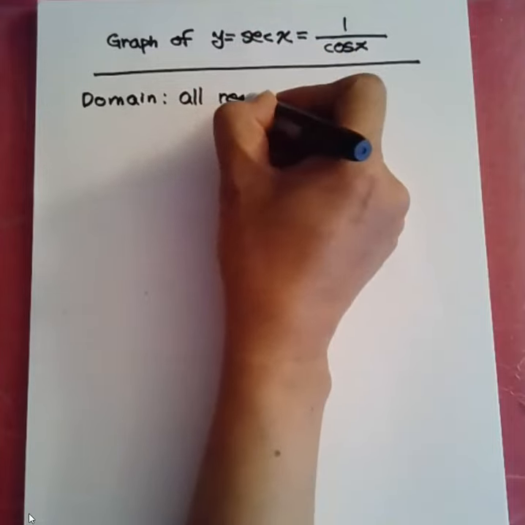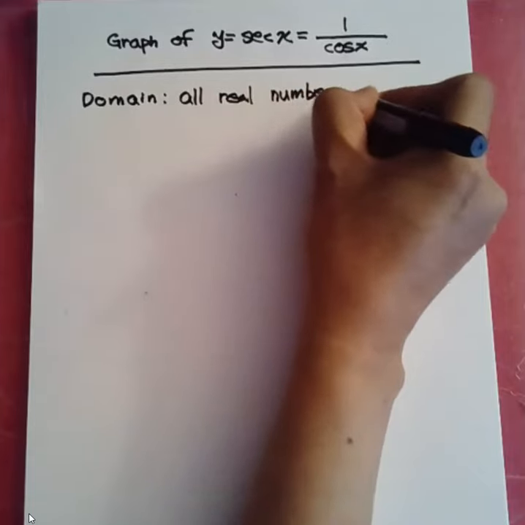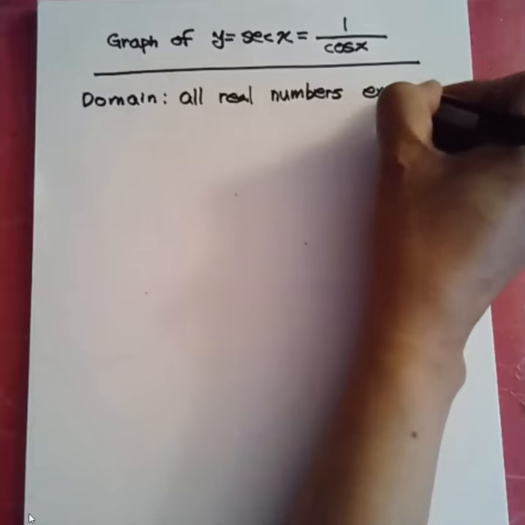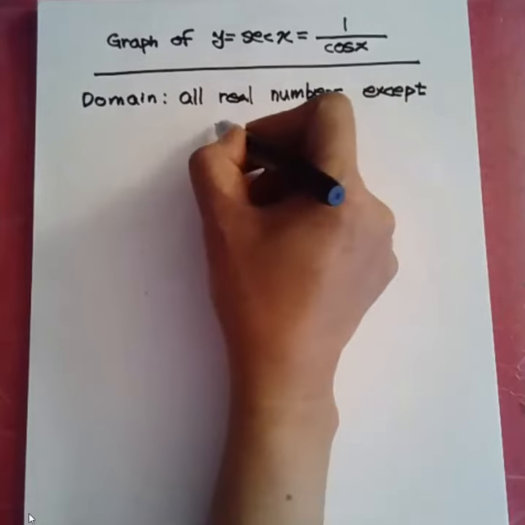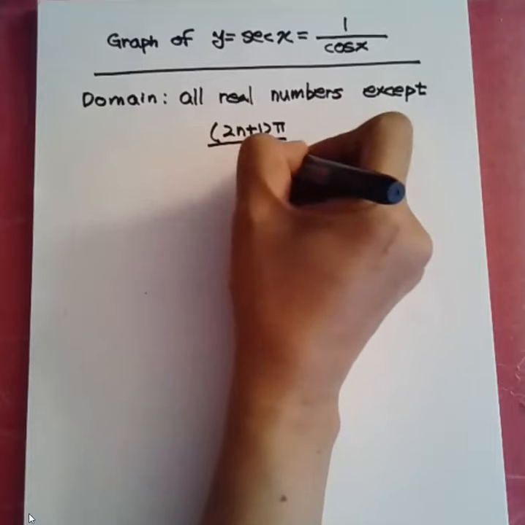All real numbers except 2n plus 1 over 2.